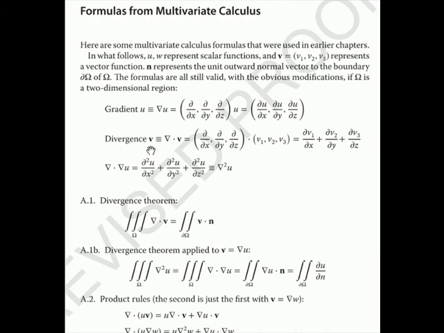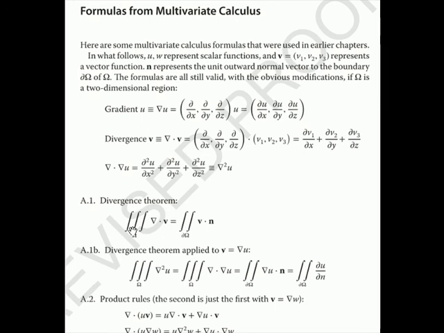So u is a scalar function, v is a vector function, and that'd be this times that, plus this times that, plus this times that. It's not really times, but symbolically that works. And so divergence of the gradient of u would be the Laplacian of u, uxx plus uyy plus uzz if it's three-dimensional.